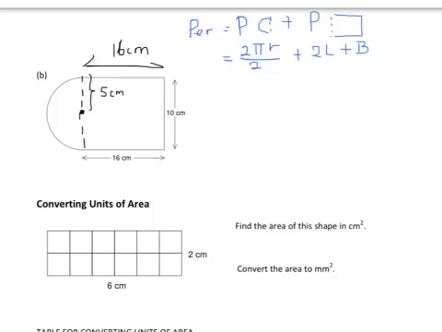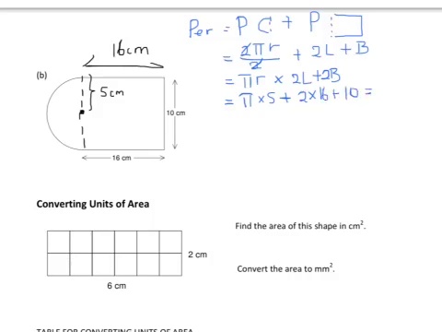Now, we do know a little algebra, so we know these 2's will cancel out. 2 divides by 2 to give 1, so we've got pi r plus 2l plus b. Use pi in your calculator, make sure you use it, times 5 plus 2 times 16 plus 10.